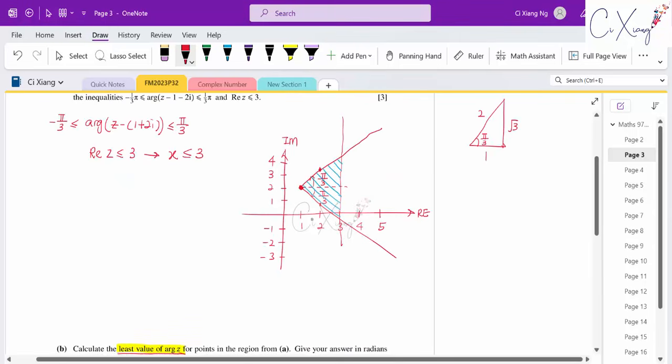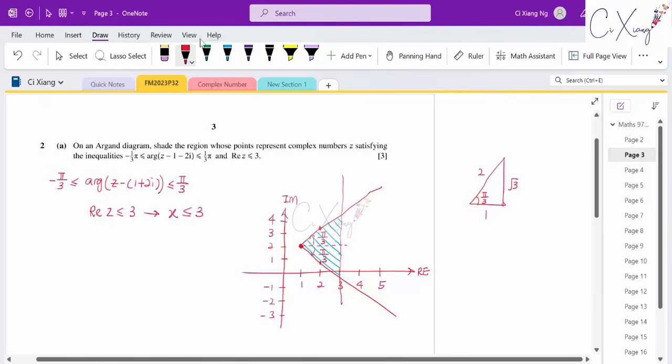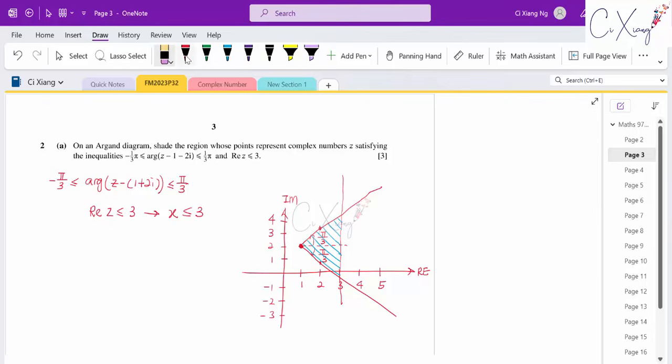If you look at the diagram here, for the least value of argument z, we need to measure the angle from 0, 0 until the point z. z can be any point in the shaded region.